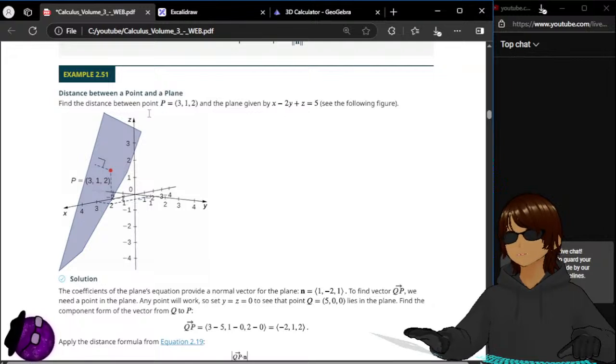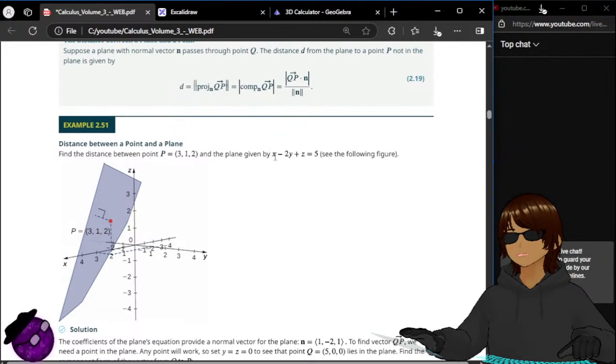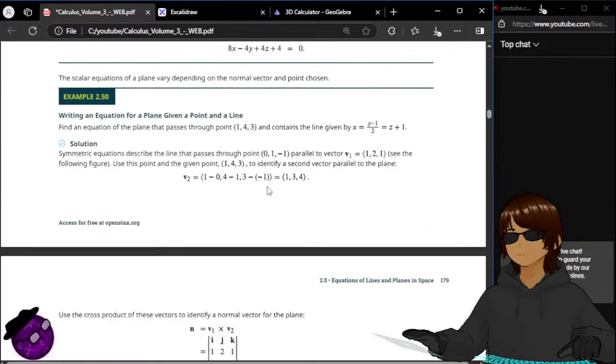Find the distance between point P and the plane given by x minus 2y plus z is equal to 5.